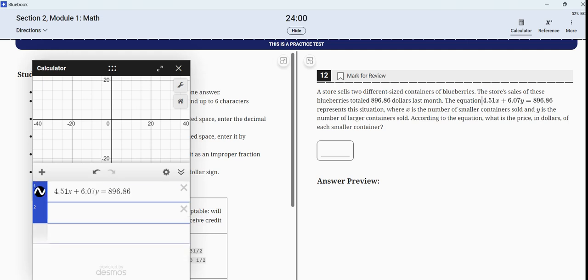So x is the number of smaller containers sold, and 4.51 times x. So each smaller container is equal to $4.51.